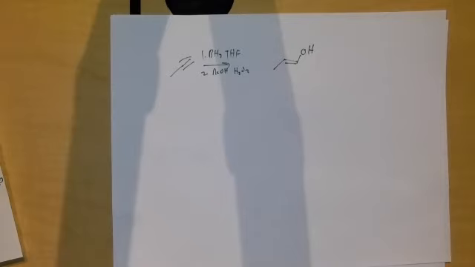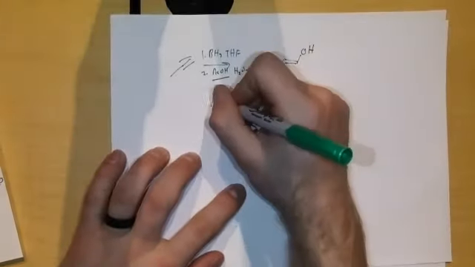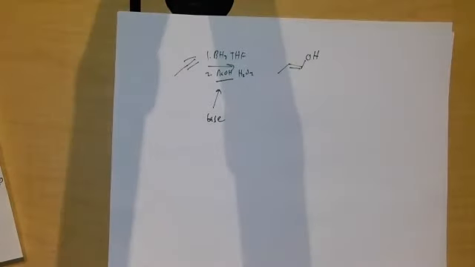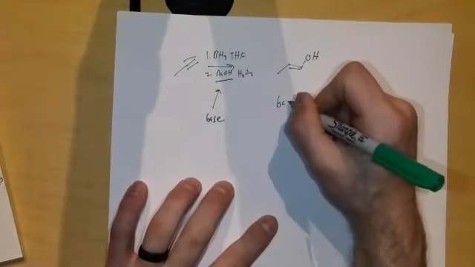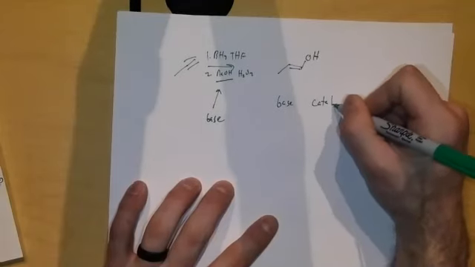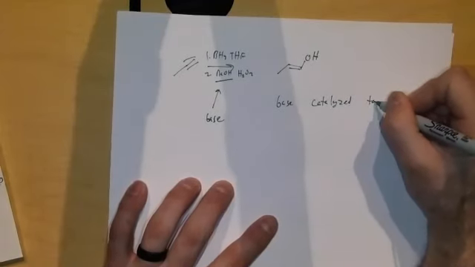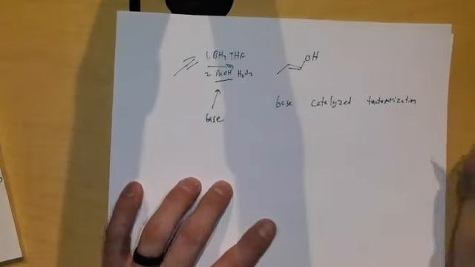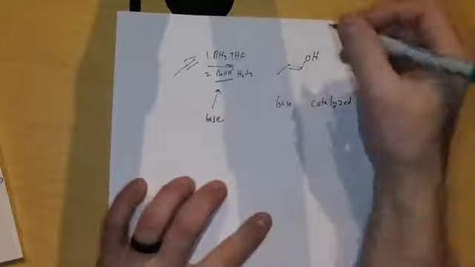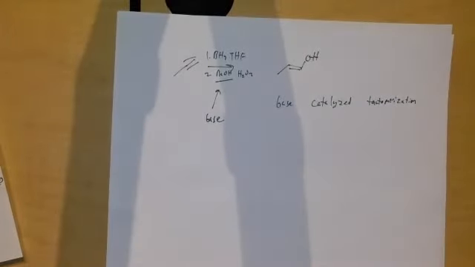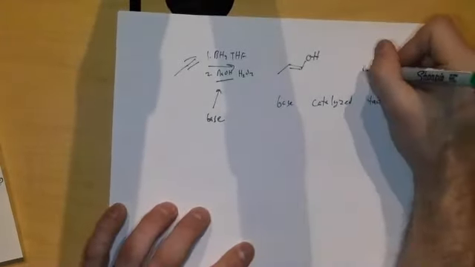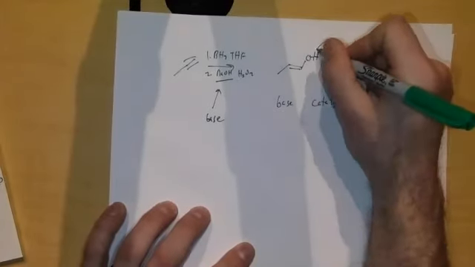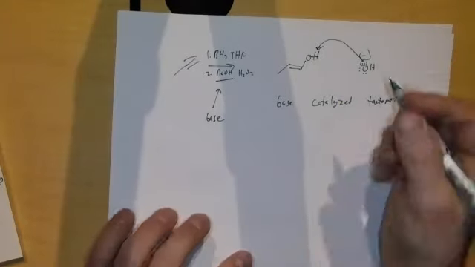We are going to do, so we're in NaOH. This is a base. So we are going to do the opposite reaction of what we did before. We're going to do a base catalyzed isomerization. So what that's going to be is we are going to pull off this proton here.